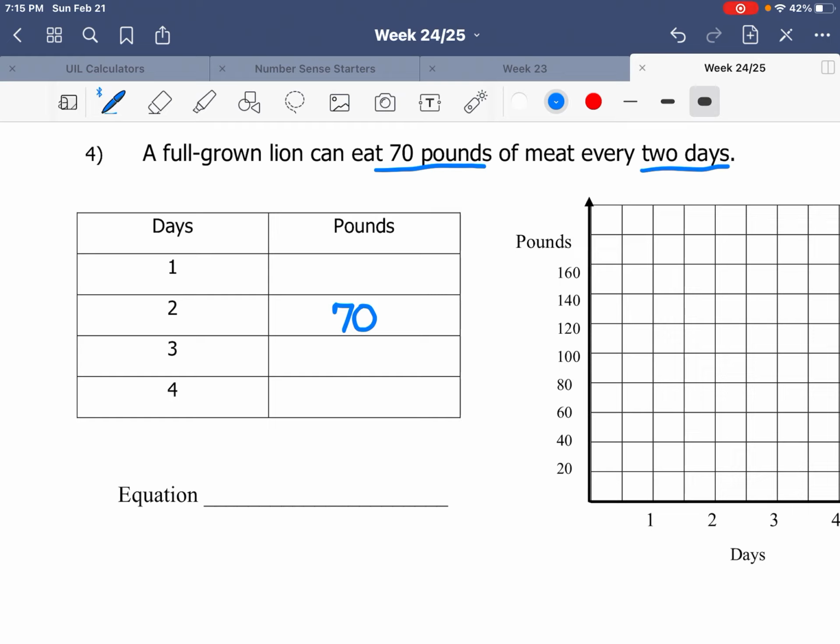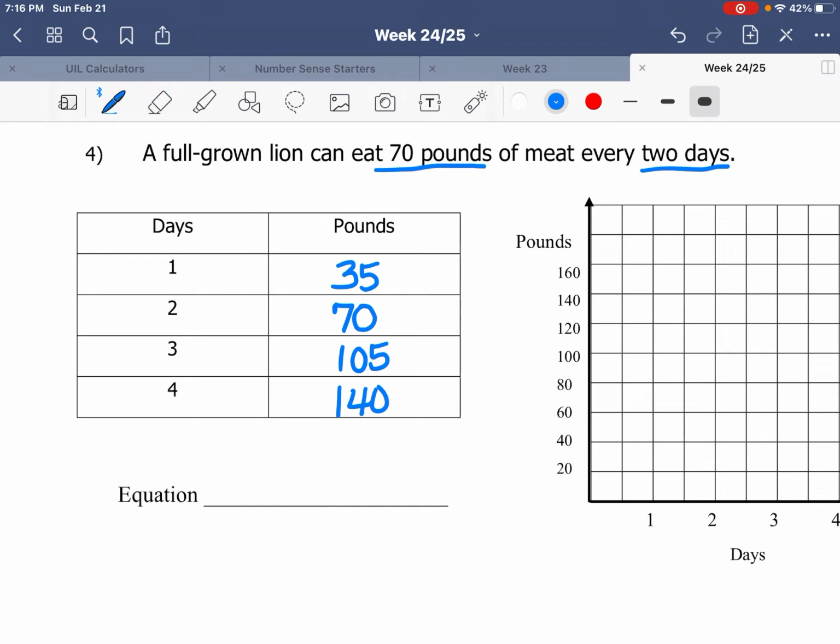And I already know that 70 divided by 2 is 35. So that means in 1 day it's 35, and in 2 days it's 70. In 3 days it would be 35 more, or 3 times 35, which is 105. And then in 4 days it'd be 140.